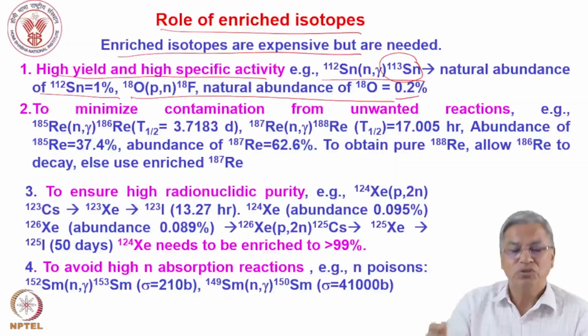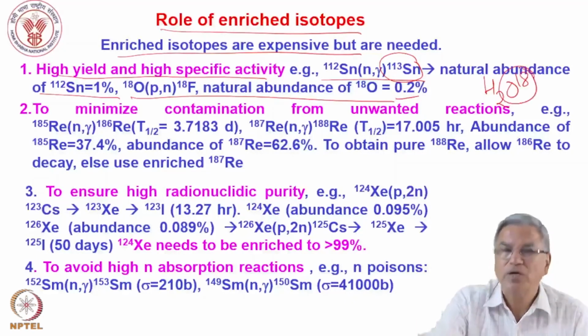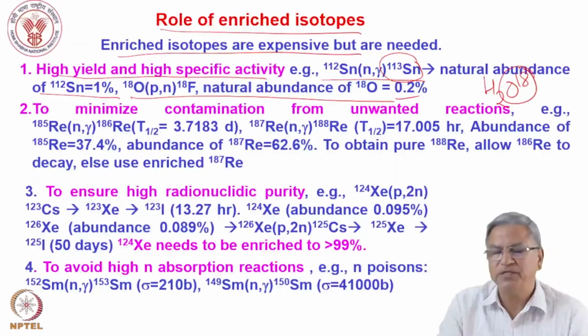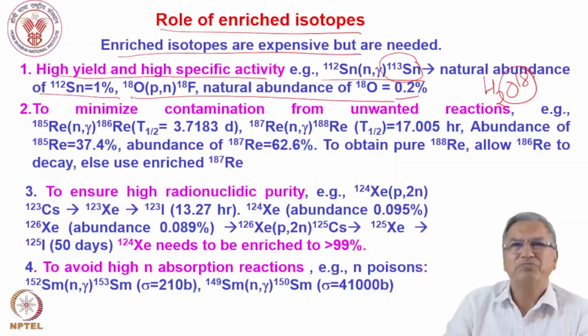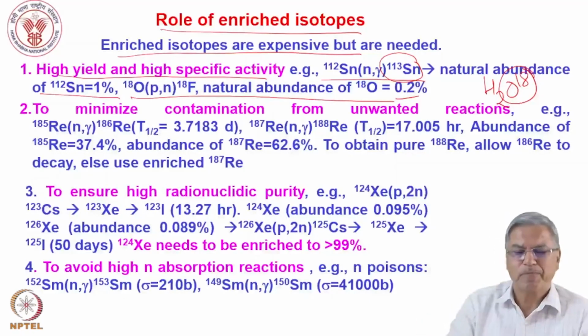So what you do, you enrich water in oxygen 18, so you have H2O18. And you can enrich oxygen 18 up to more than 95%. See, these are low mass numbers, so it is easy to enrich the low mass elements. So you necessarily need to enrich the target element in the desired isotope.